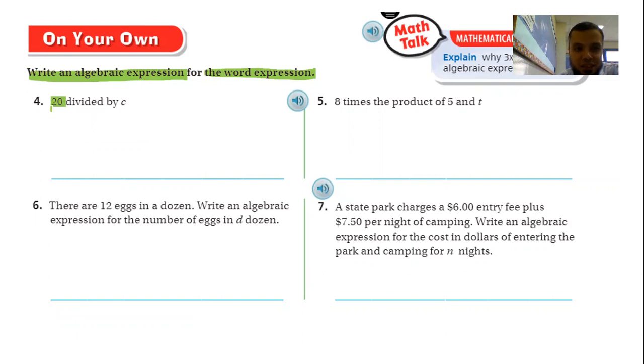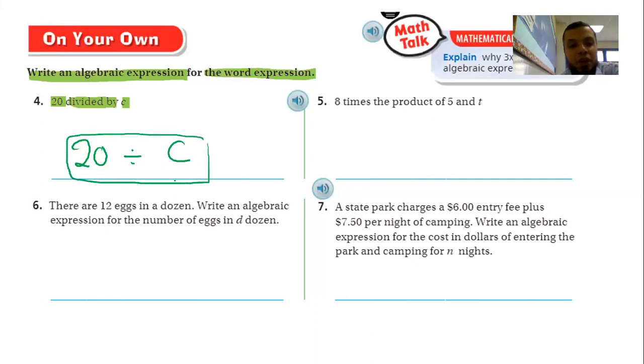This question is easy. 20 divided by C. How can I translate it? 20 divided by, of course, I'm going to write the division symbol, by C. Here, the value is C. There is no number, only C. So it's an algebraic expression because it includes a variable C.